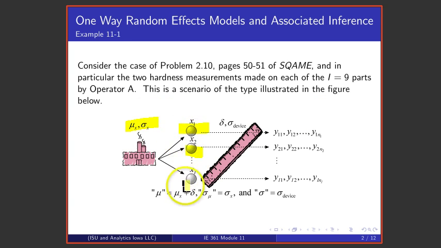Those measurands are the hardnesses of the 9 specimens, and one operator, one measurement device, produces, as in this case, 2 measurements for each of those I equal 9 parts, those 9 measurands.